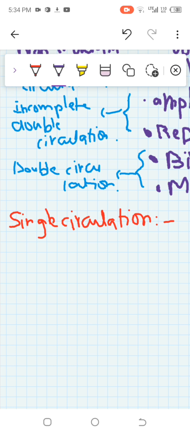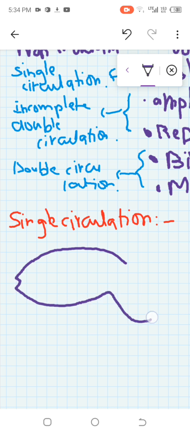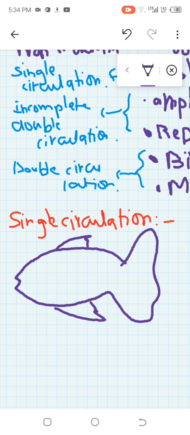So here I have drawn a diagram of a fish. As in our body we have lungs, in the fish, instead of lungs, we have gills, and gills act as lungs.